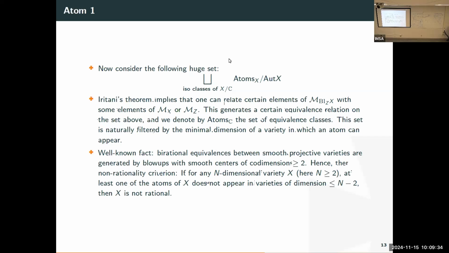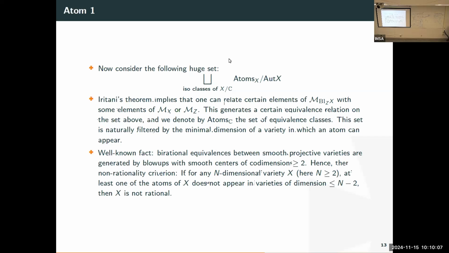So in the same way as we have started with these intermediate Jacobians, I mean, if one is not isomorphic to a product of curves, then this is not rational, as we said. And this is the example of the three-dimensional cubic. So here, if we have an atom that cannot be associated with a subvariety of codimension 2 and higher, then this is an obstruction to rationality.